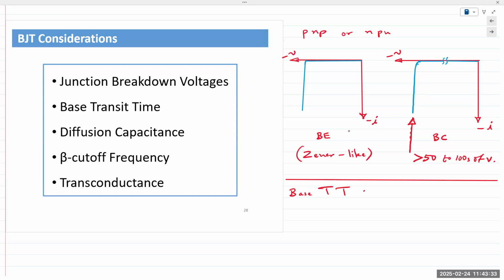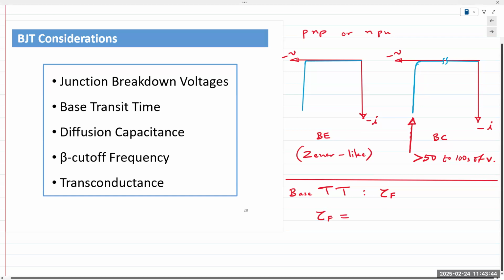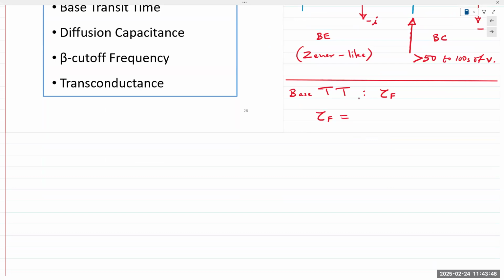So BTT is labeled as tau F, and tau F can be given by the equation WB squared divided by 2 VT mu n, where WB is the width of the base, the physical dimension of the base. VT, of course, is the thermal voltage.